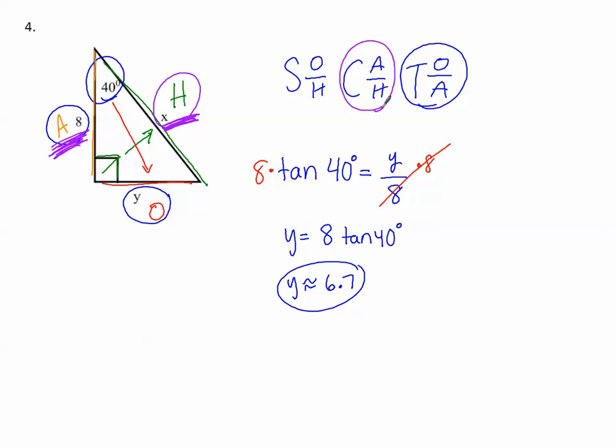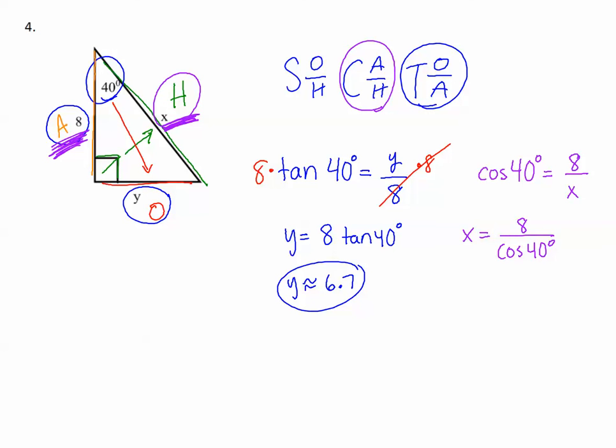Adjacent and hypotenuse is cosine. Cosine of the angle 40 degrees equals A over H. Adjacent is 8, hypotenuse is x. Remember, when x is in the denominator, we divide. x equals, interchange those, 8 over cosine of 40 degrees.